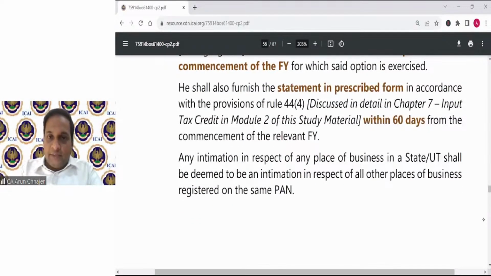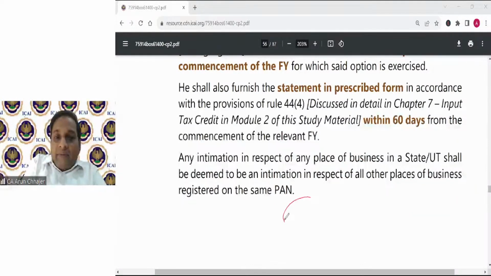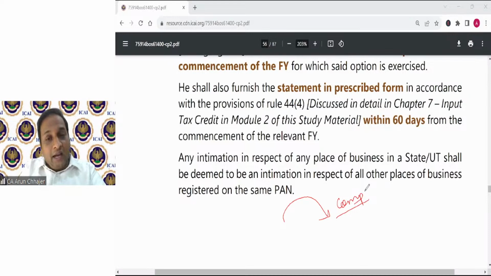Any intimation in respect of any place of business in the state or UT shall be deemed to be the intimation for all places of business on the same PAN. So, try to understand. When I am taking a new registration and that registration is under composition, I can go for it only when all the registrations have opted under this scheme.